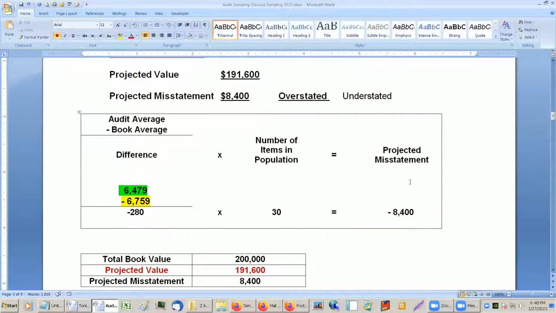But again, this one is for those things that are generally off by the same amounts. It doesn't matter what size it is, whether it's a big item or a small item, they're all going to be off by 280.